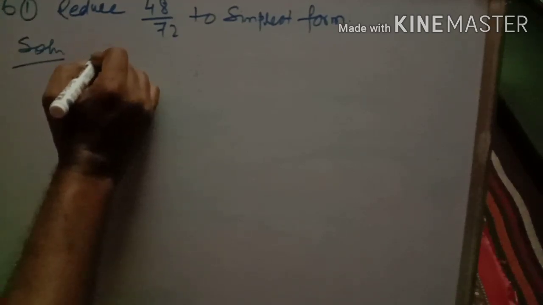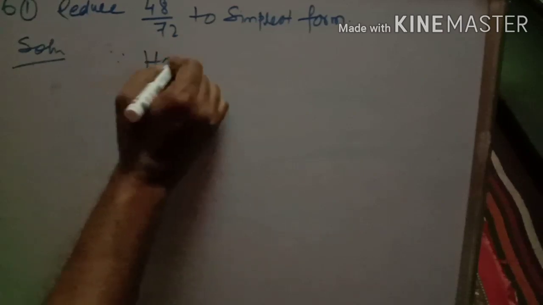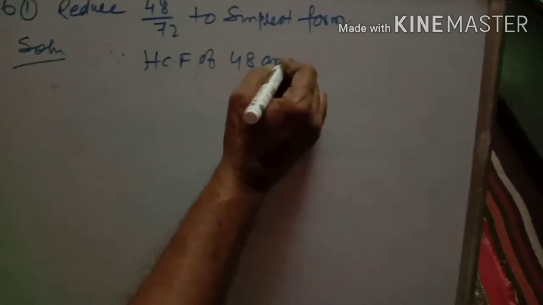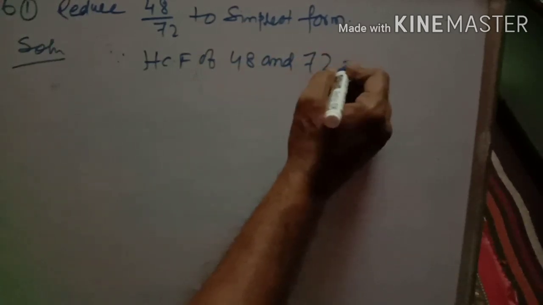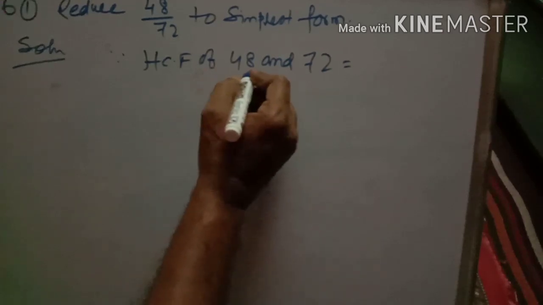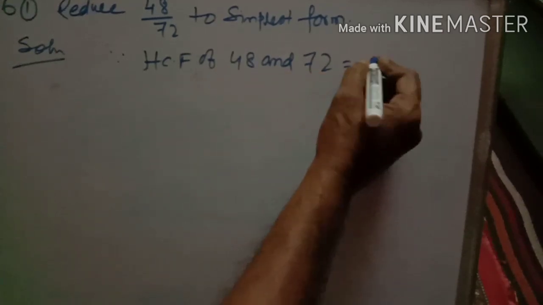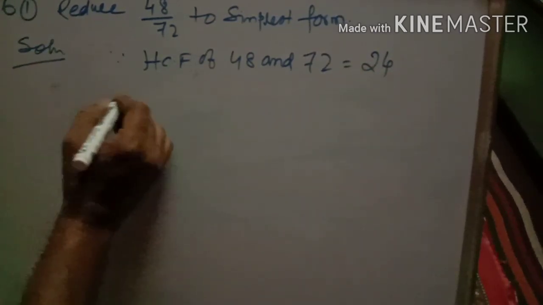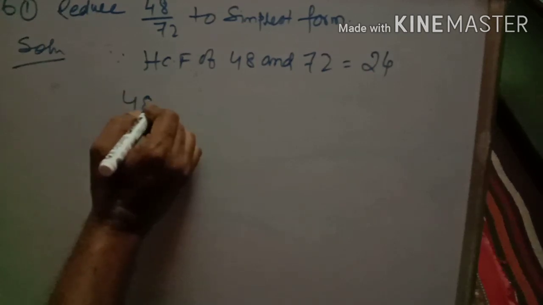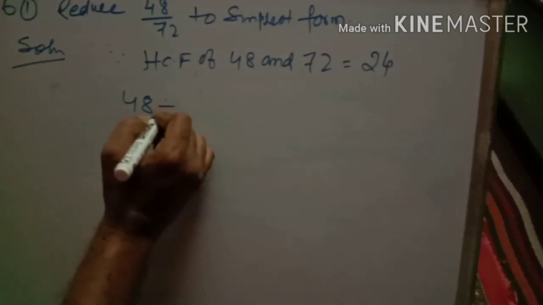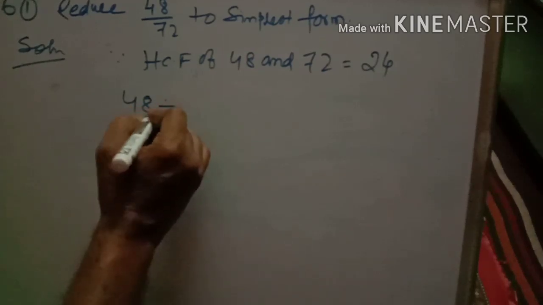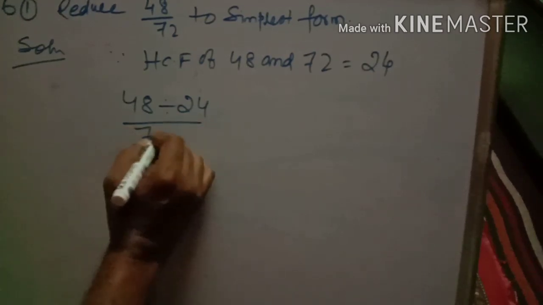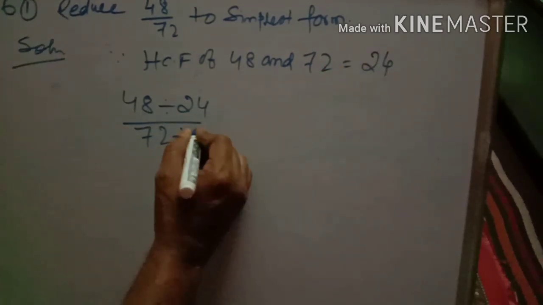Now, since the HCF of 48 and 72, as we know, equals 24, therefore I can write 48 will be divided by 24, and 72 divided by 24.